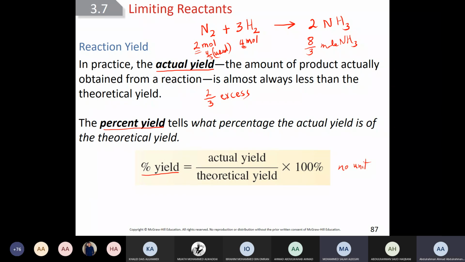Can you repeat it, Doctor, please? I repeat one more time. When you have a chemical reaction, then you can relate things by mole.